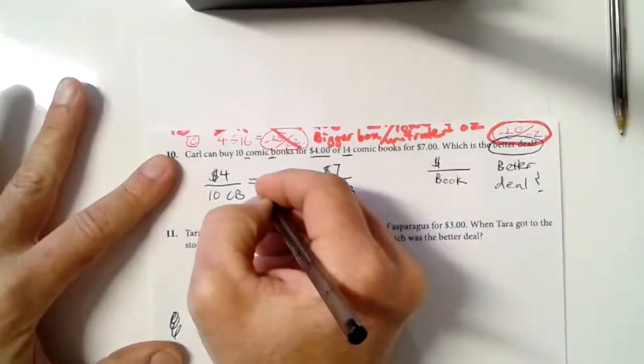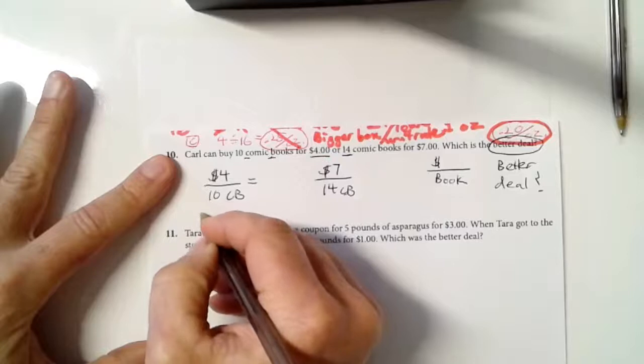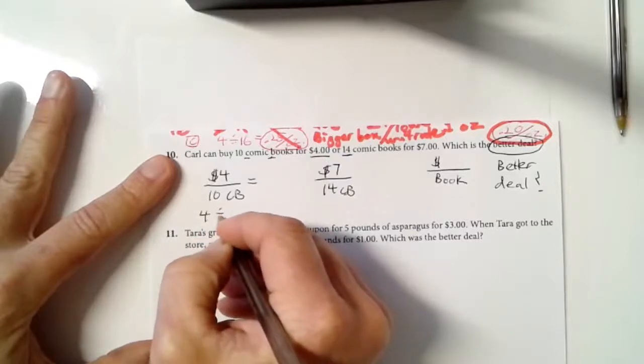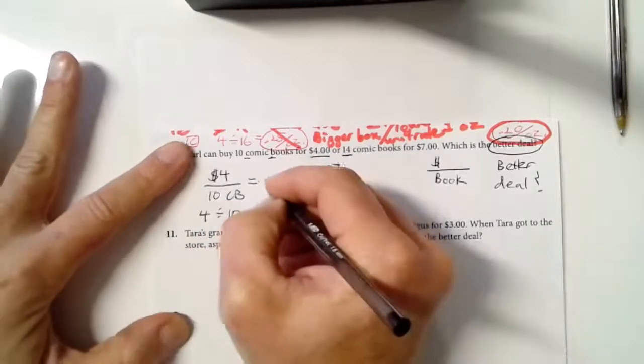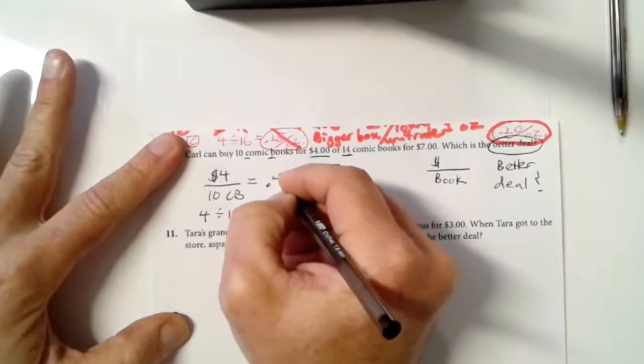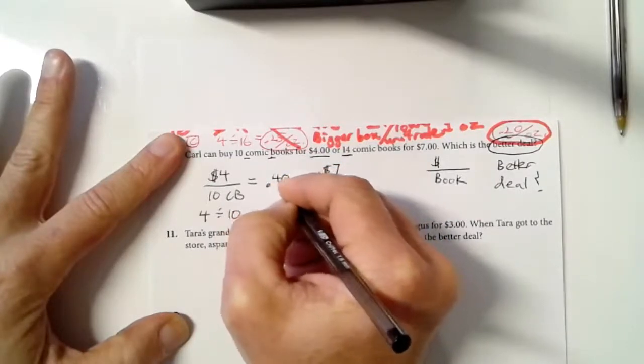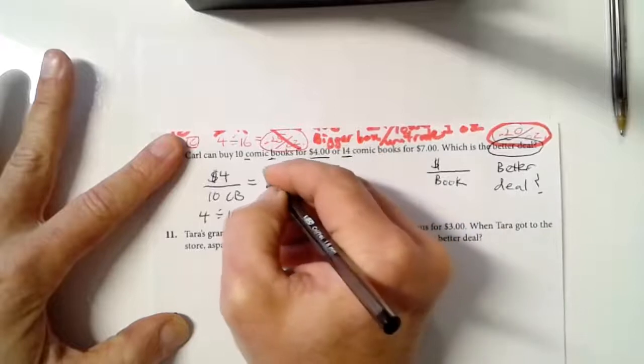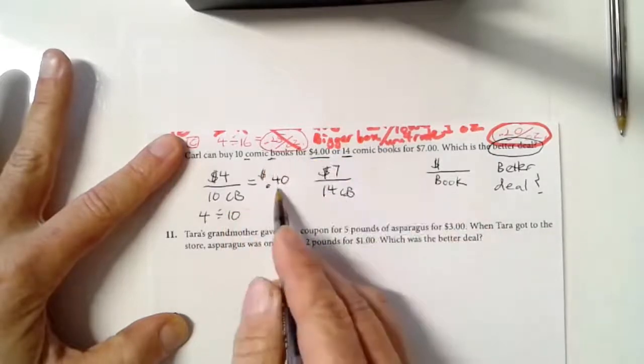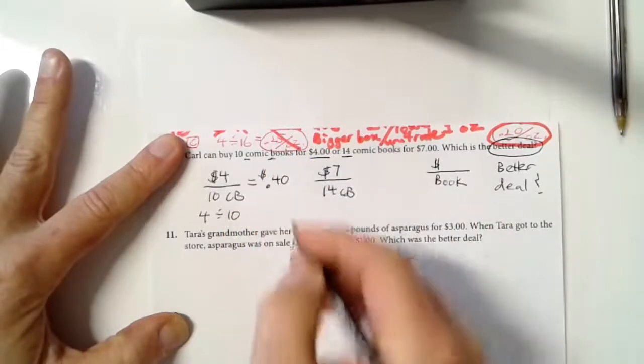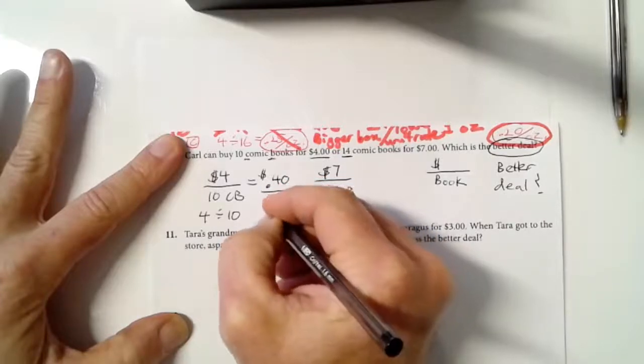So if you use your calculator and you go 4 divided by 10, you would get 40 cents, or 0.4 on your display, but in terms of dollars, that's 4/10 of a dollar, or 40 cents per comic book.